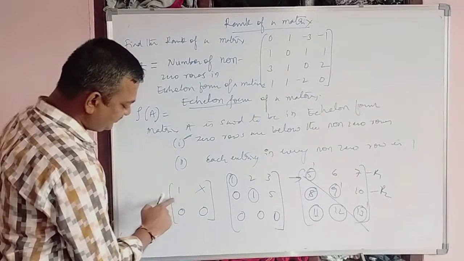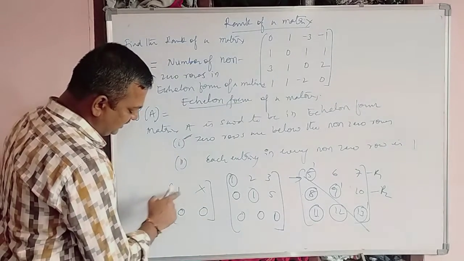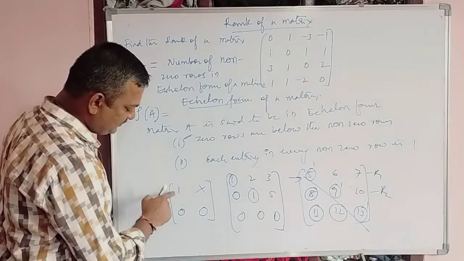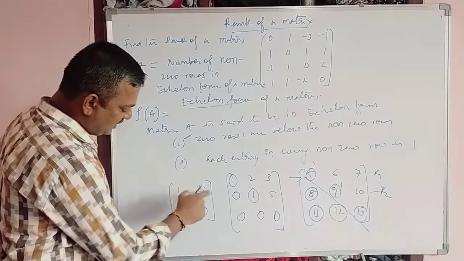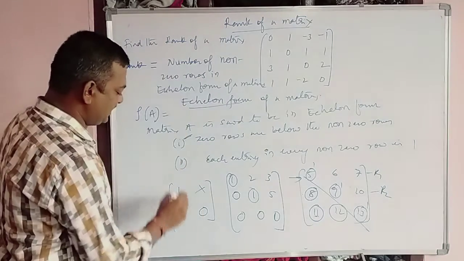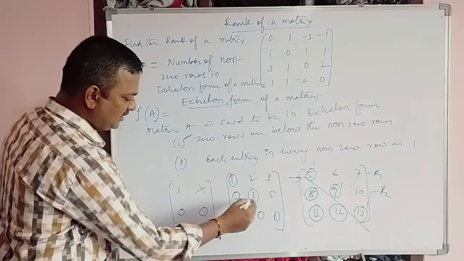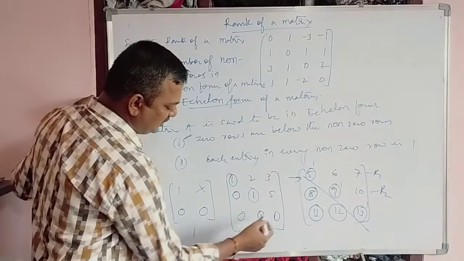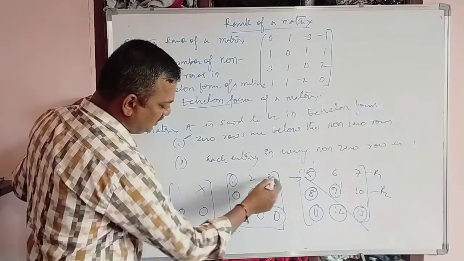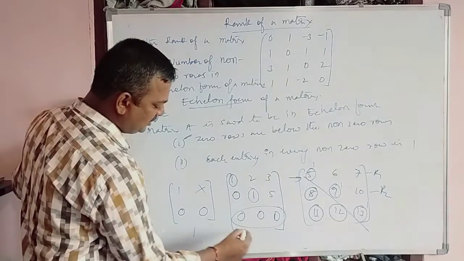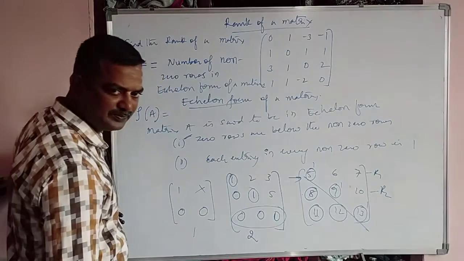Look at here. Since it is a 2 cross 2 matrix, one is a zero row, one is a non-zero row, so the rank of the matrix for this is 1. Look at here, there are 3 rows, out of that one is a zero row, the other 2 are non-zero rows, therefore the rank of the matrix is 2.